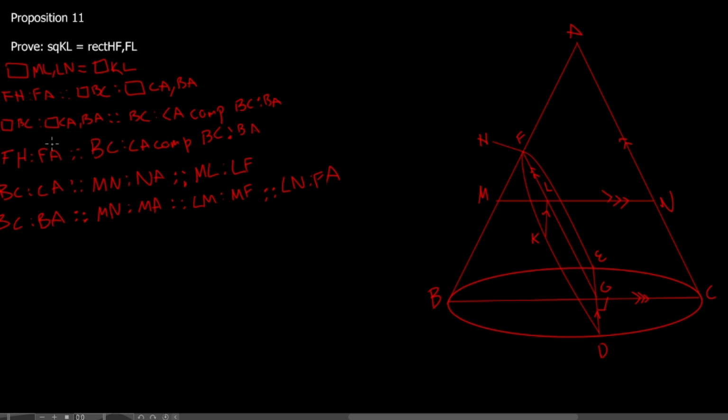Okay, so let's take this term, let's copy it down here. And then let's look at BC to CA. BC to CA has the same ratio to ML to LF. So let's substitute this part with ML to LF. Let's keep the compounded. And then BC to BA right here can be substituted with LN to FA.